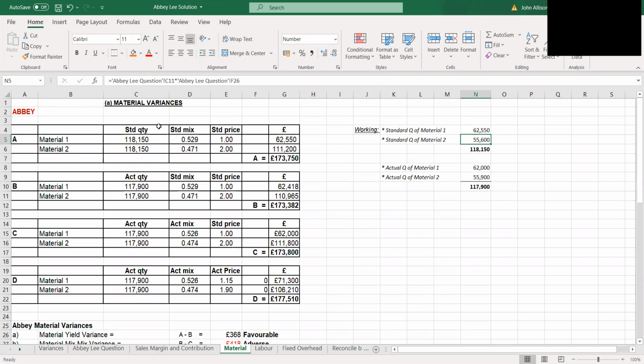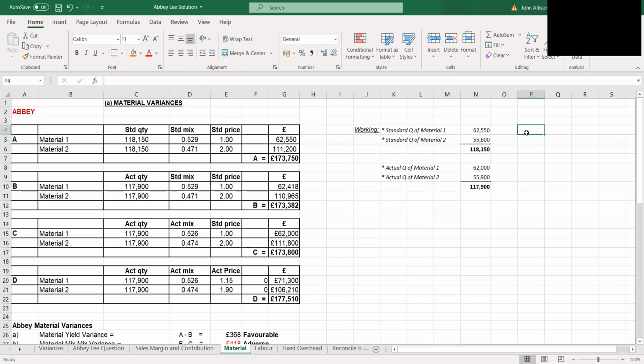So to get the standard quantity, we add these two material costs together. The 62,550 plus the 55,600 will give us 118,150 as the standard quantity. Then the standard mix will be how much of that 118,150, as a decimal or a percentage, is being used in material 1.